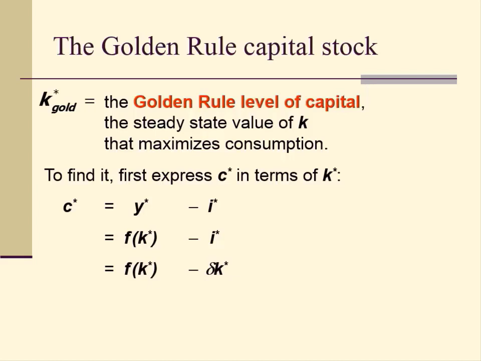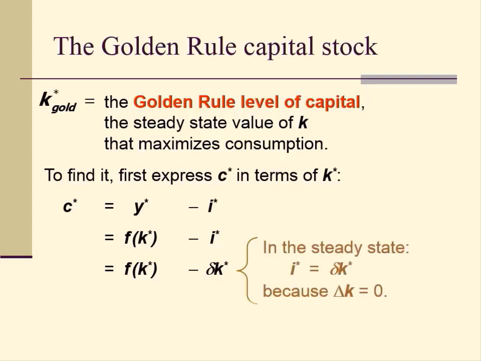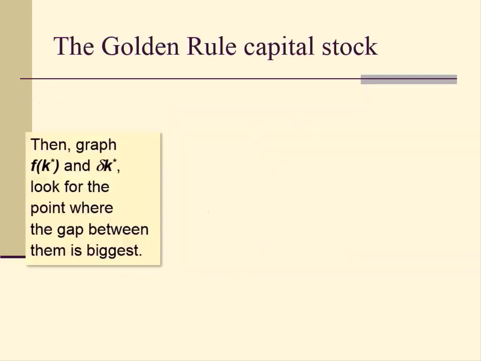That means C star equals f of K star minus delta K star. Then graph f of K star and delta K star and look for the point where the gap between them is biggest.